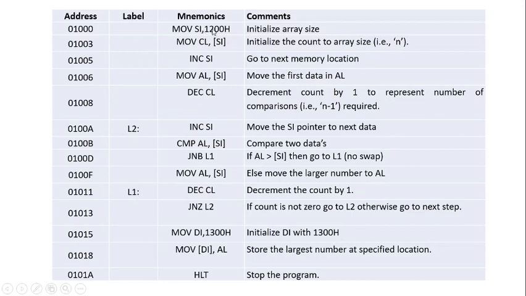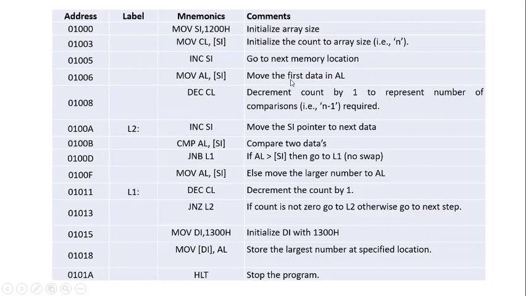The DS data segment value you can take on your own; we will check it when we execute the program. The first location of the array contains the array size, so we will move this value to the CL register. Now we will increment SI, that means we go to the next memory location.